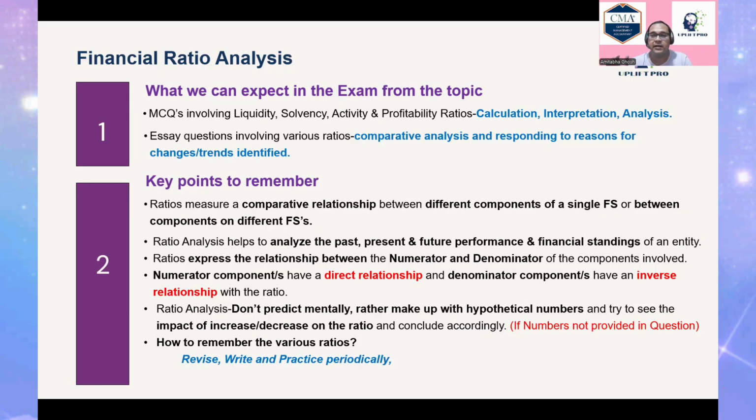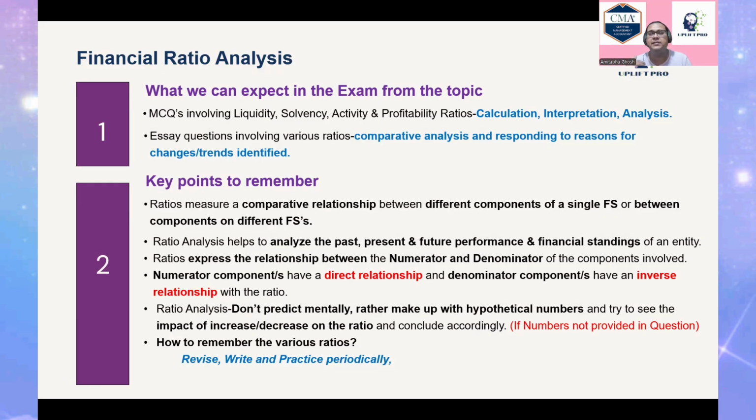The ratios can relate to different components of a single financial statement, like our income statement or balance sheet or the cash flow statement, or there can be a relationship between the different components of one financial statement, which might be the balance sheet, and another, maybe the income statement. Why I am focusing on this particular line, that might be helpful when you are given an essay question to explain what is a ratio analysis, and you can quote this particular line to explain that.